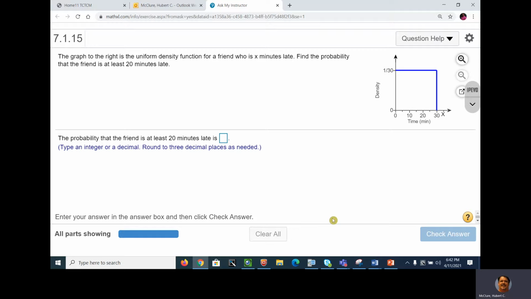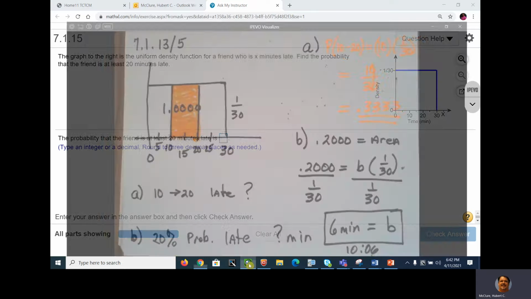And the area under the curve is 1.000. And they want to know, find the probability that someone's going to be at least 20 minutes late. Okay, so we go to our handy dandy whiteboard.